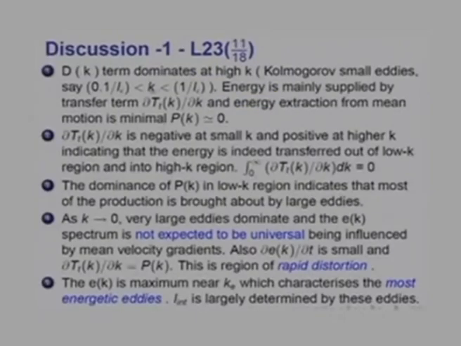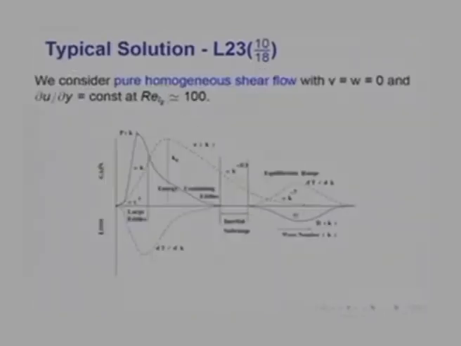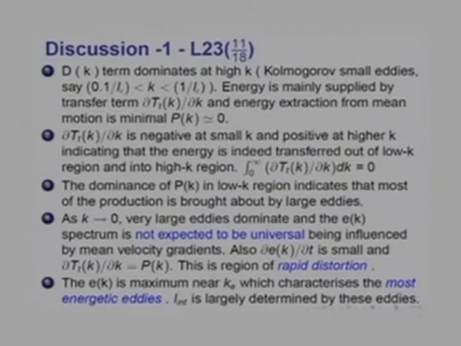The dissipation term dominates at very high k, which means small wavelengths, or Kolmogorov small eddies, of the order of k from 0.1 divided by L sub epsilon to 1 divided by L sub epsilon. That is the range of wave numbers in this part here. Energy is mainly supplied by the transfer term dT by dk, and the energy extraction from the mean motion is minimal.